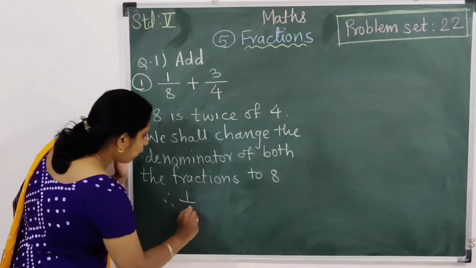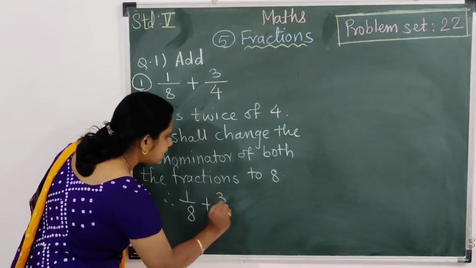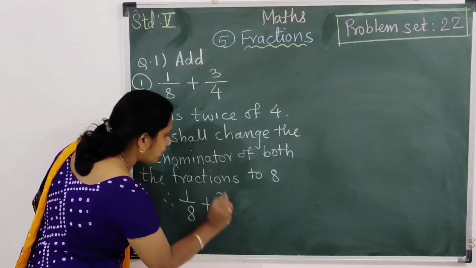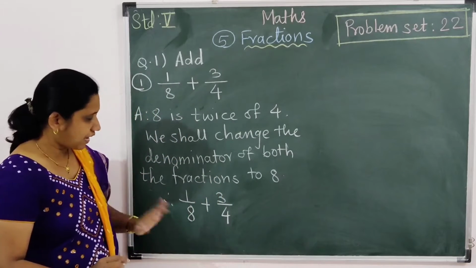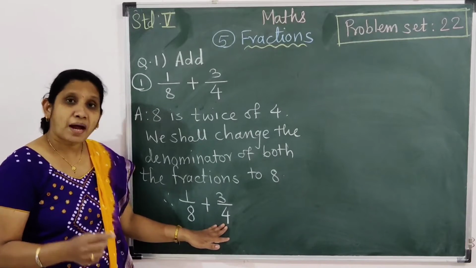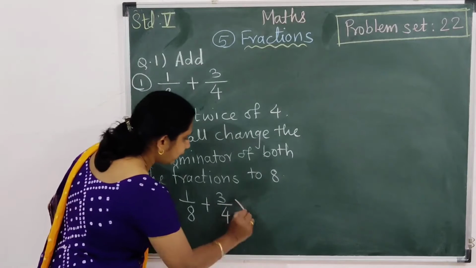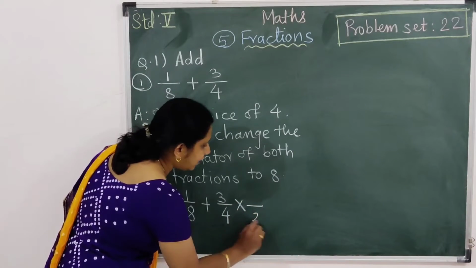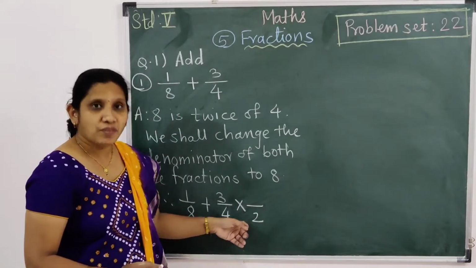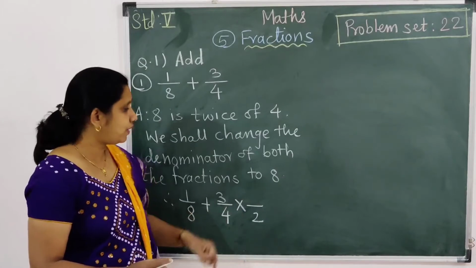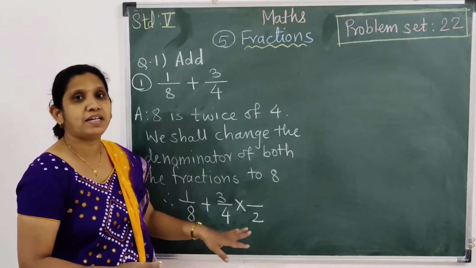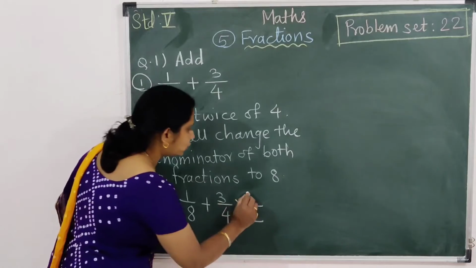Therefore, 1 upon 8 plus 3 upon 4. Now 8 as it is. For 4, by multiplying by 2 we'll get the denominator 8. So let us multiply the denominator by 2. When we are multiplying the denominator by 2, we have to multiply the numerator also.